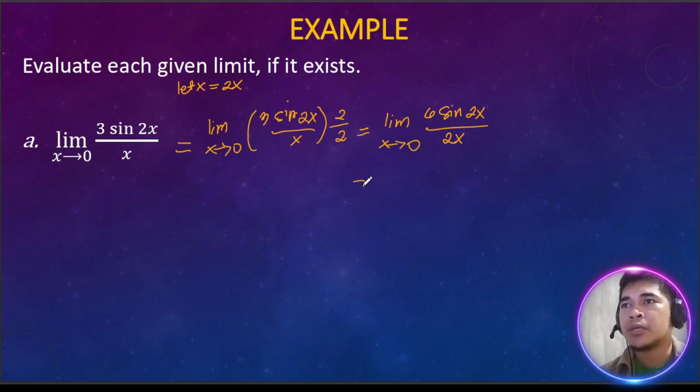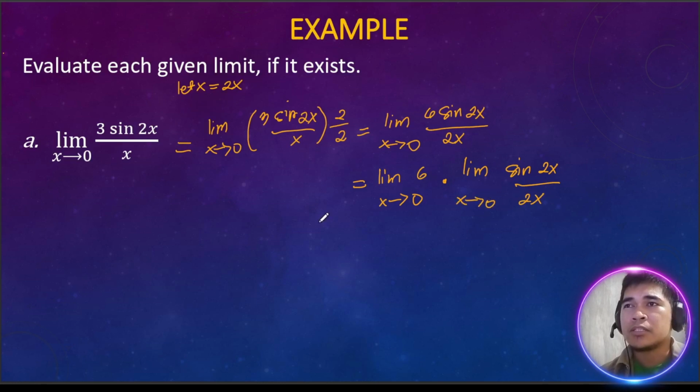So, next, we have limit of 6 as x approaches 0 times limit of sine 2x over 2x as x approaches 0. Take note that limit of 6 as x approaches 0 is 6 times limit of sine 2x over 2x as x approaches 0.